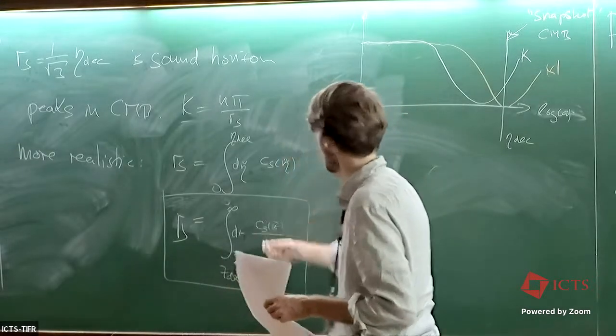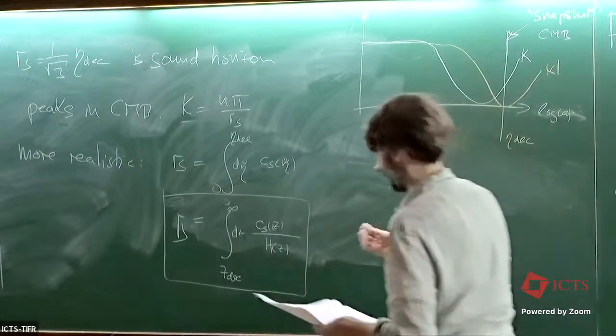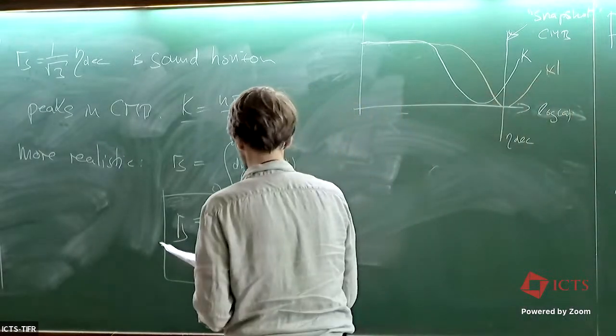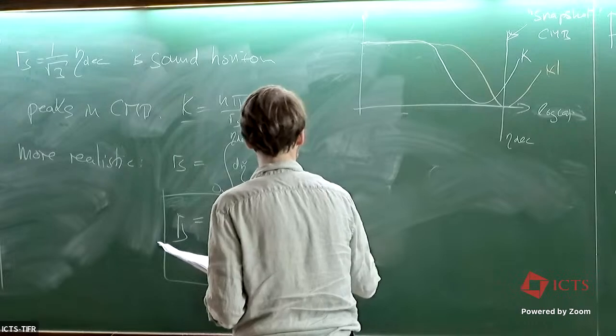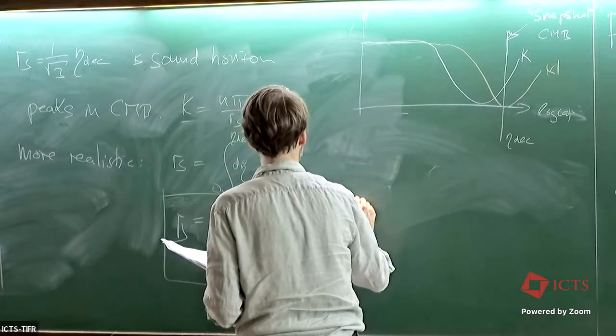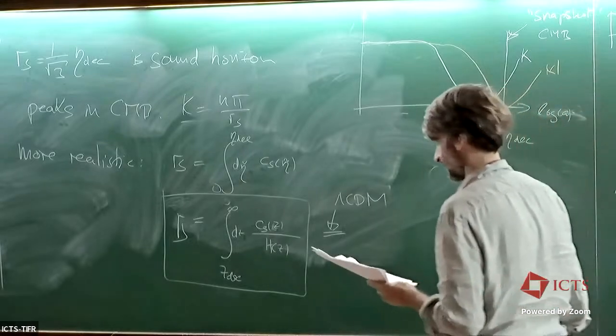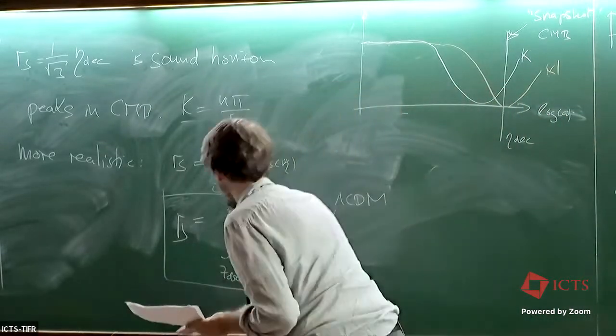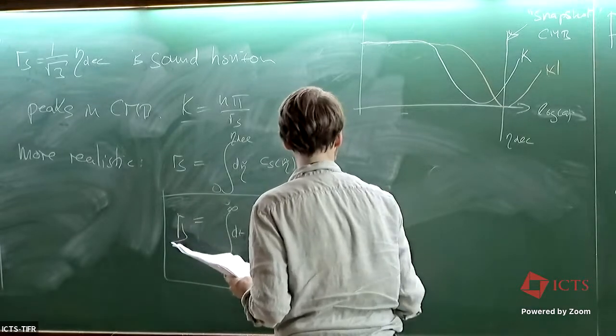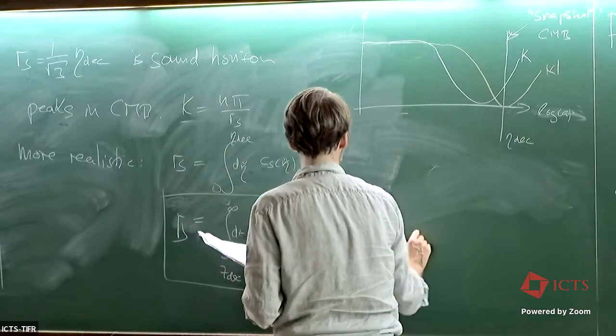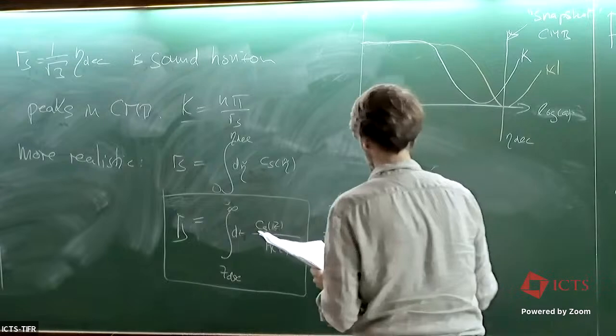So there is some time dependence. And if you take this into account, and you assume the lambda CDM model, you get a concrete number for this. So for lambda CDM, you get 147 megaparsec.